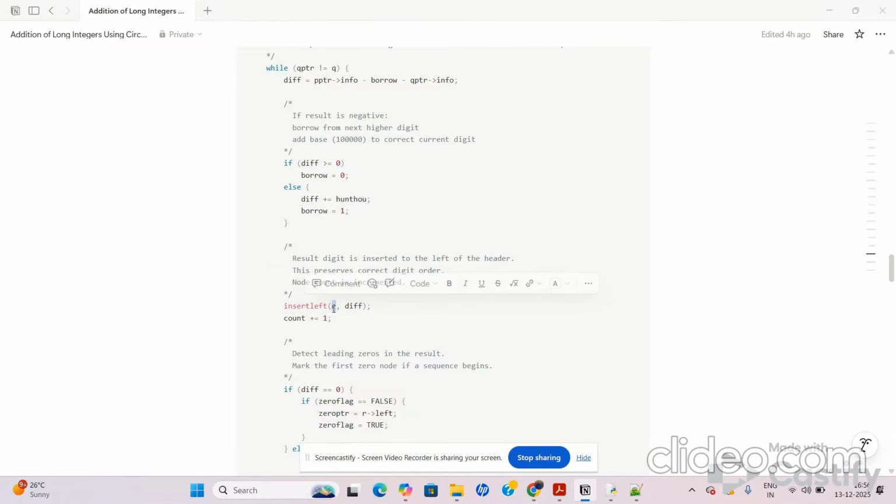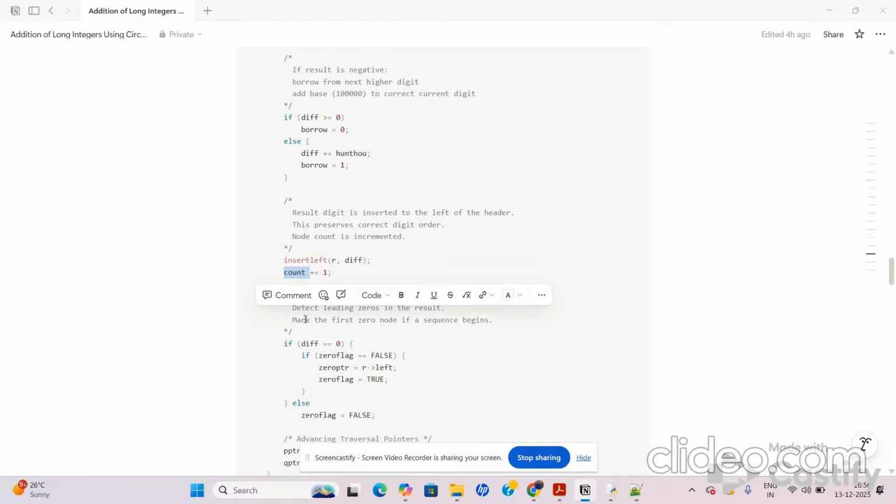So where the reference to the head node is given, and the new difference you obtained at this step or after updating at this step, you insert that value to the left side and you increment the number of nodes by 1. Okay, fine.